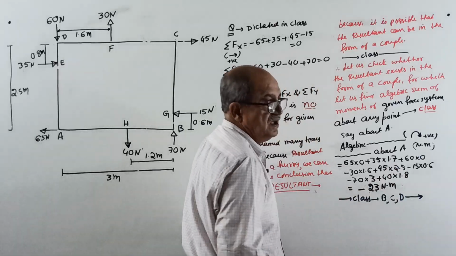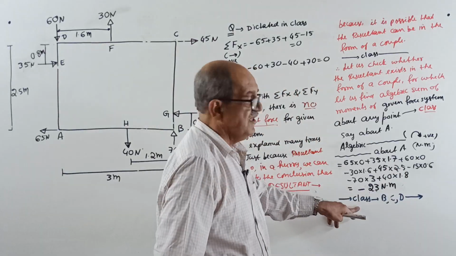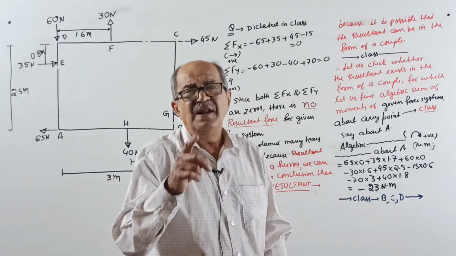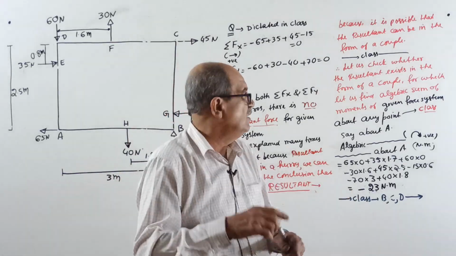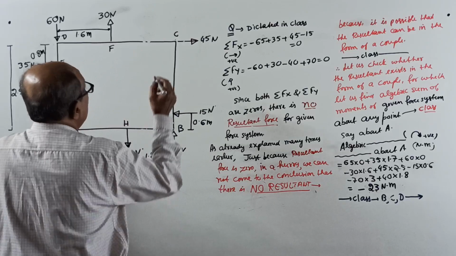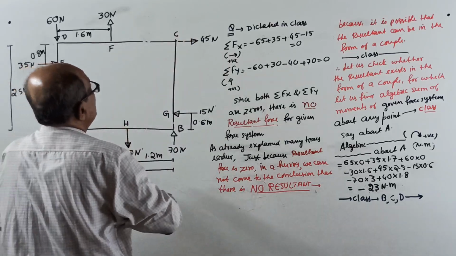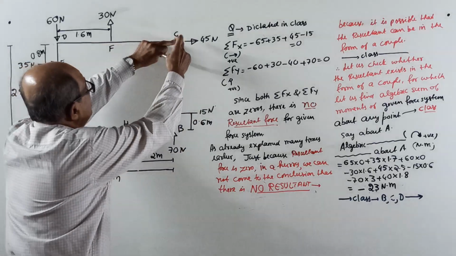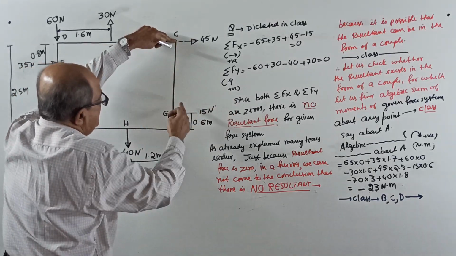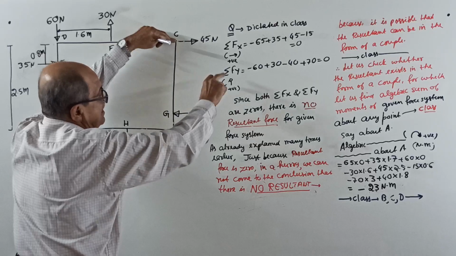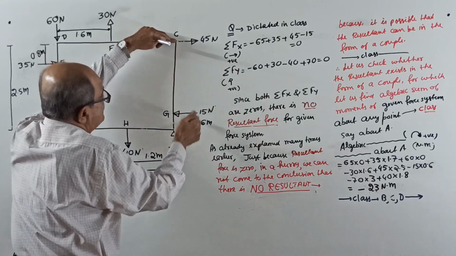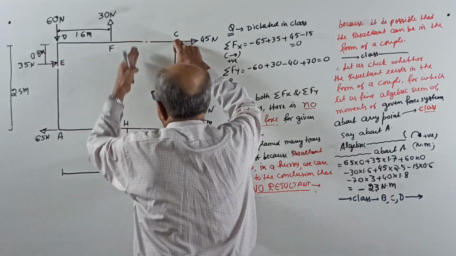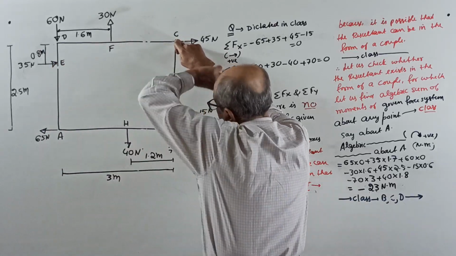Okay, now do one thing. Class, you take moment about any point, the answer is minus 23. One minute. I took A, I did it. Now I will take about C. Start from here. I won't write on the board. 45 into 0. 15 into 1.9, clockwise, by 2.5 minus 0.6, clockwise. 70 into 0. 40 into 1.2, anti-clockwise.